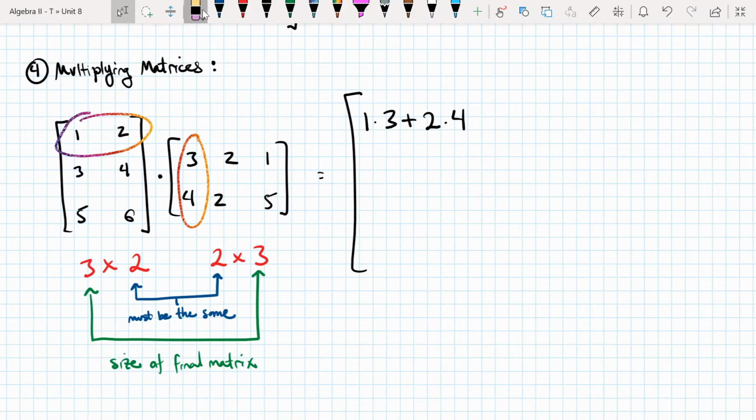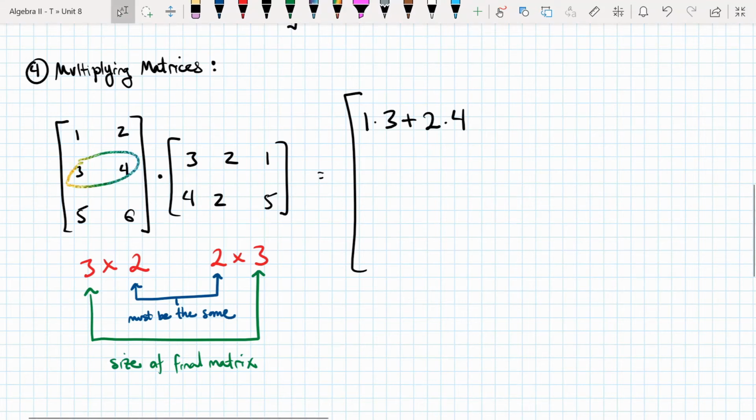Okay, next. Let's do the second row and the first column. This is the second row in the first column right here. So that is going to be 3 times 3 plus 4 times 4.